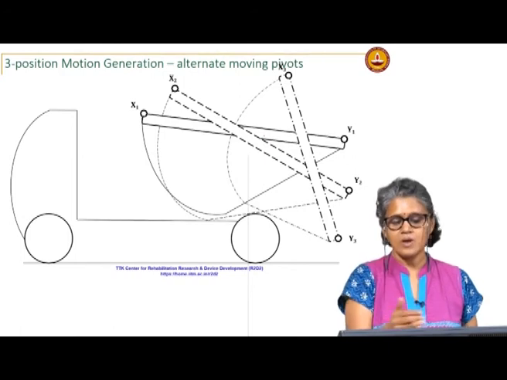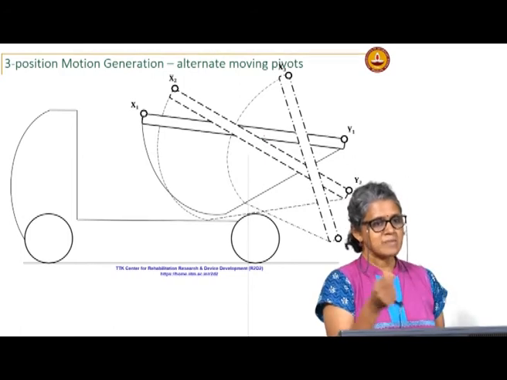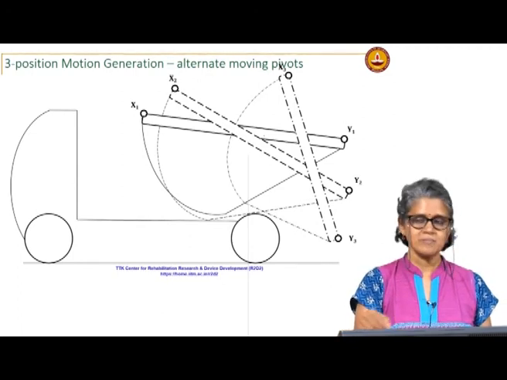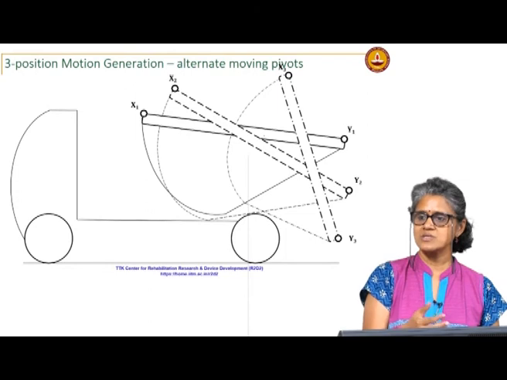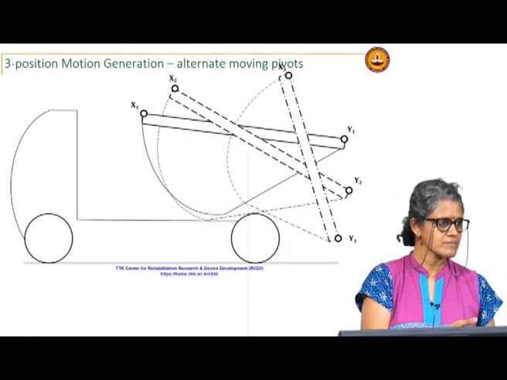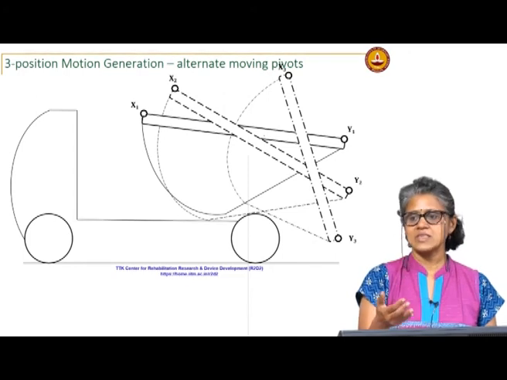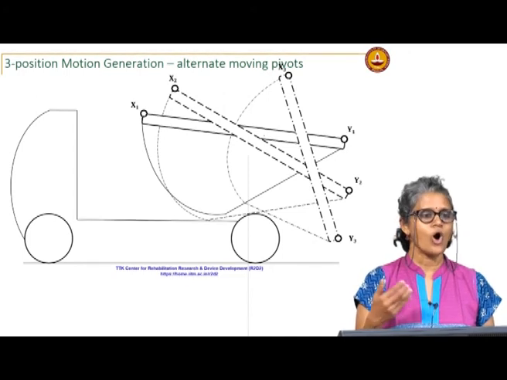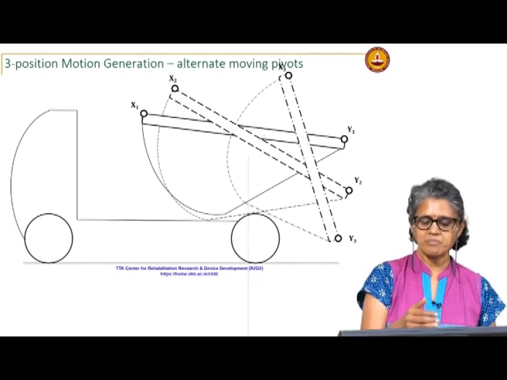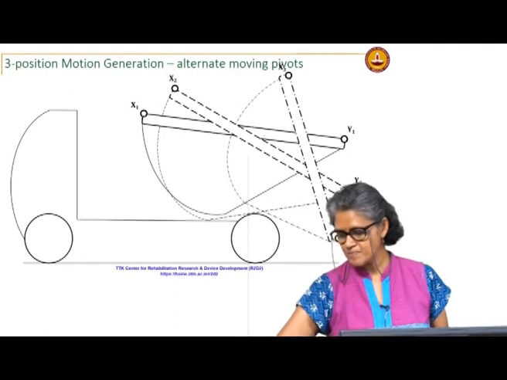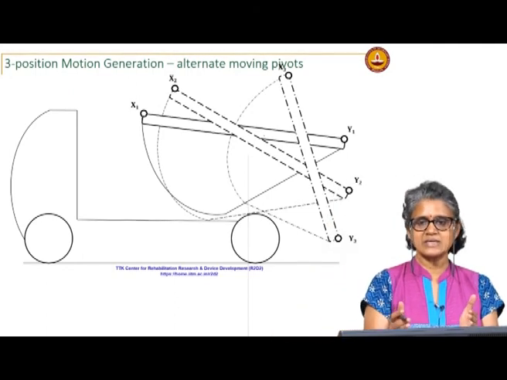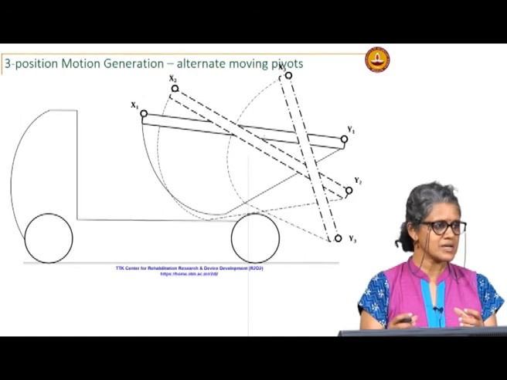But I may not be able to locate my moving pivots, or if I locate my moving pivots at x1 y1, I may get a solution that is off the bed of the truck. Okay. So in that case now I have to find alternate moving pivots that will still give me a solution that lies within the space that I want.